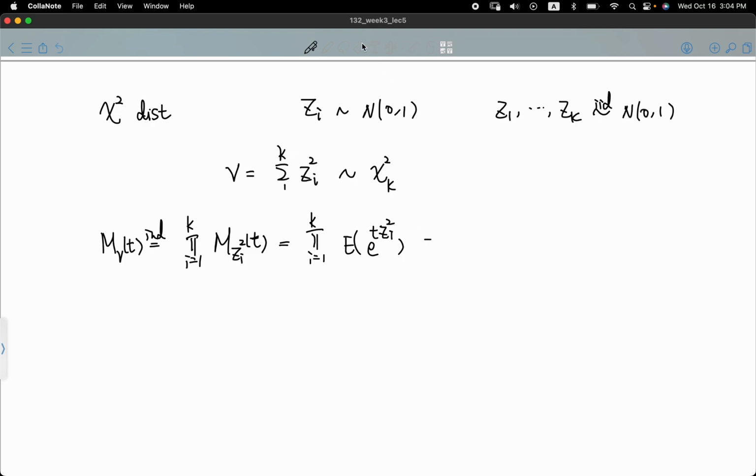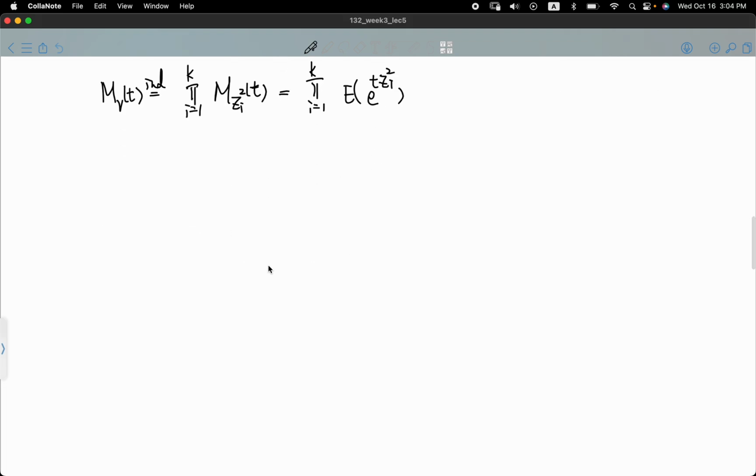And maybe let me start another line here. Okay, so we should have the product from 1 to k, and then the integral from negative infinity to positive infinity, and then e of t zi squared.